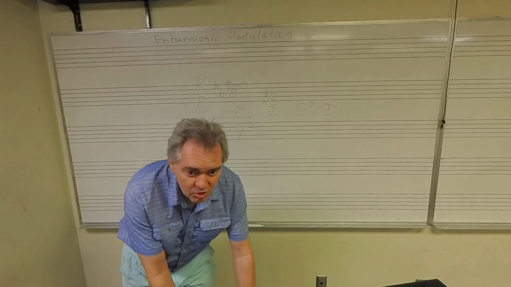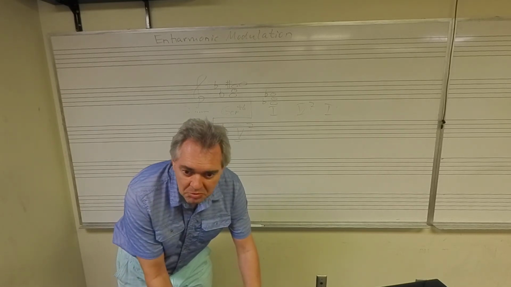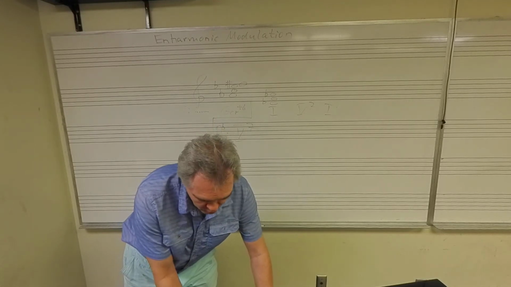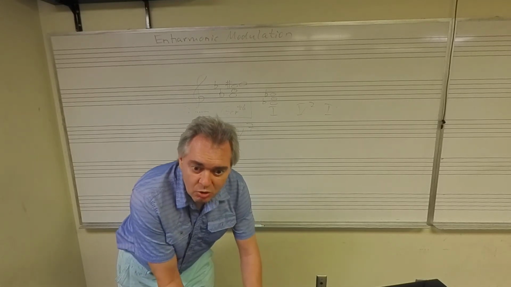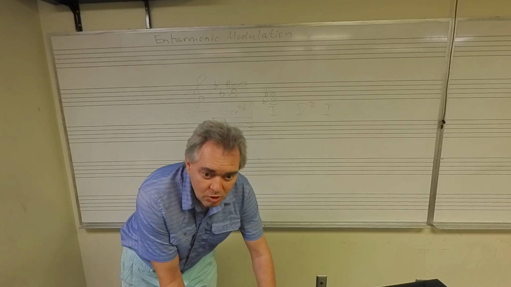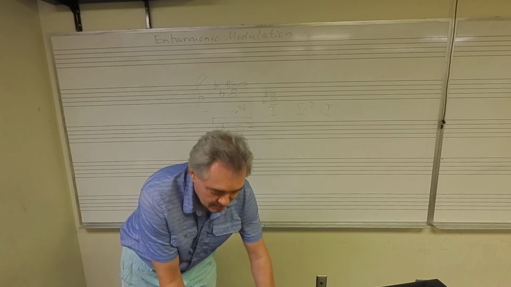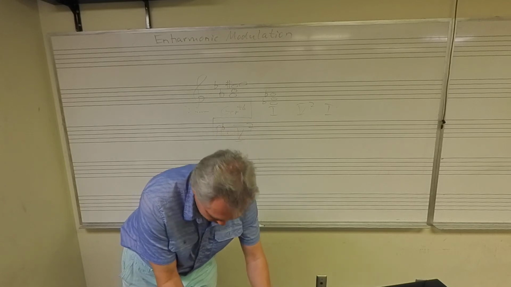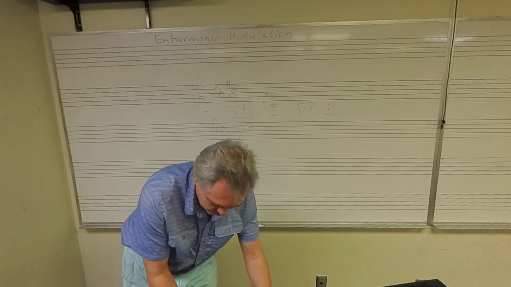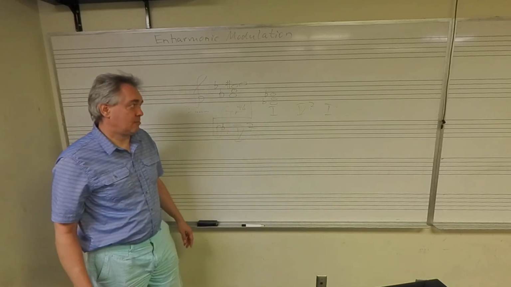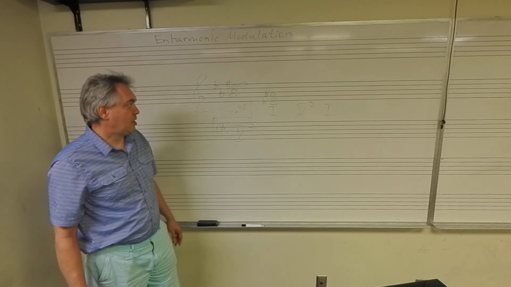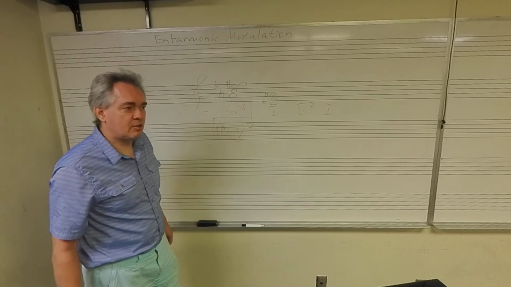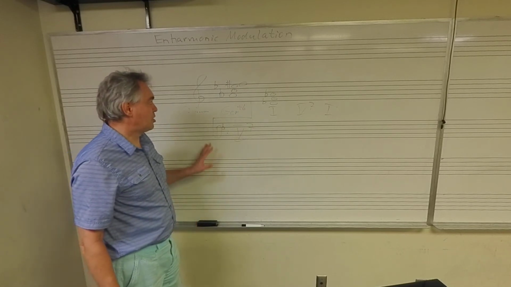So I will start in C with a progression 1, 6, 4, 2, German augmented sixth chord, and resolve to D flat. And one more time. And I modulate. So I use the German augmented sixth chord as part of an enharmonic modulation.